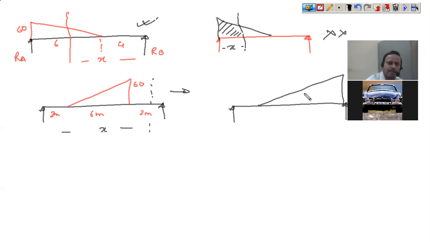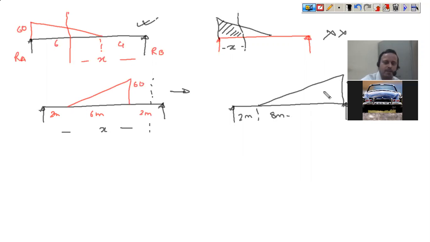So if you have extended to another 2 meters, this has become 80 and this is 8 meters. This is 2 meters and this is 8 meters. So this is very well justified that at every 1 meter it was increasing by 10 Newton per meter. So you have added another 2 meters. So this 60 has now become 80, because it is a uniformly increasing load.